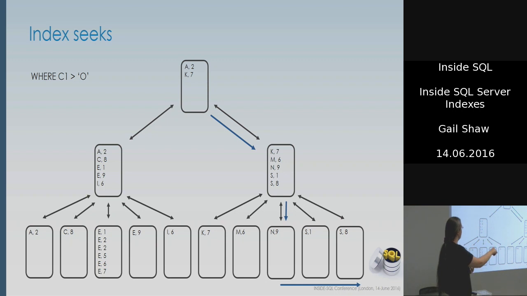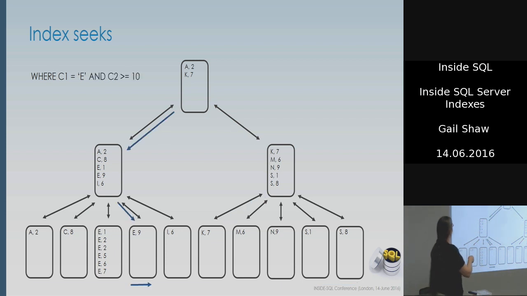Because in every single case, these have been seeks on a not unique index. If I define this index as unique, and we'll pretend for the moment that this is E3, then a seek for, let's say C1 equals E and C2 equals 5 will be what's called a singleton seek, a single row seek.